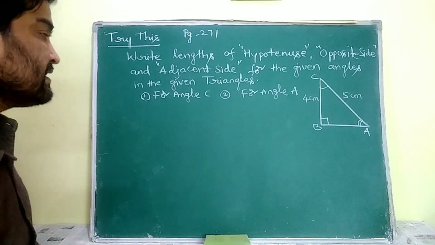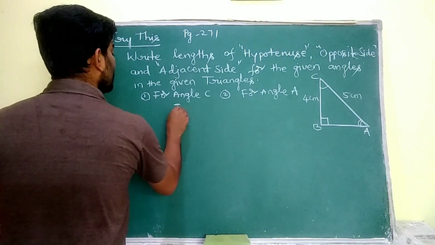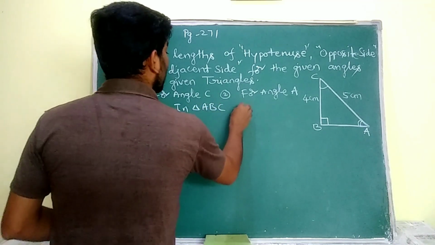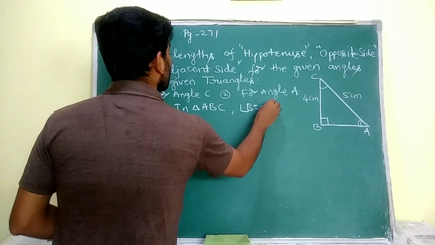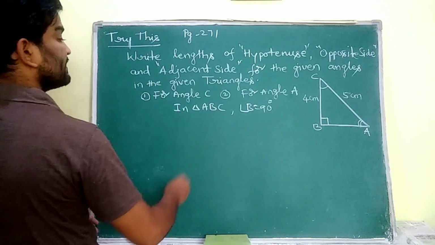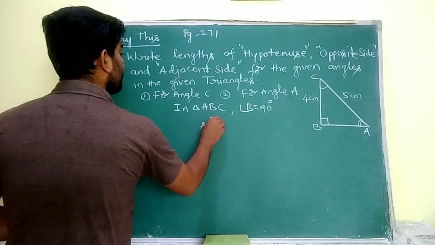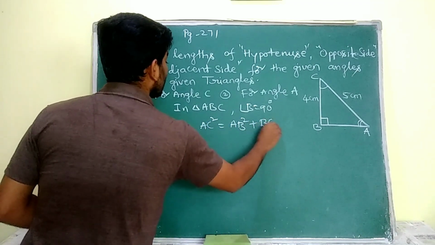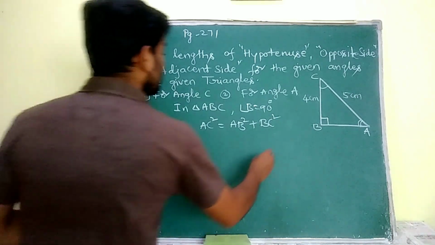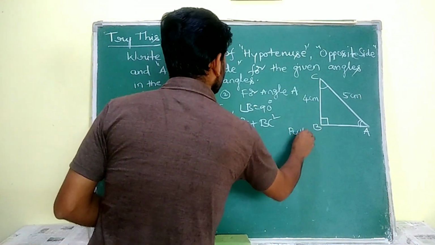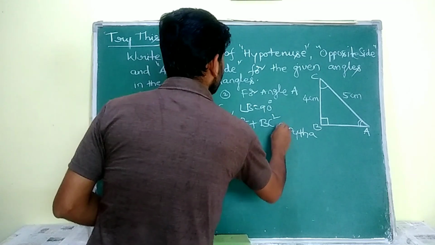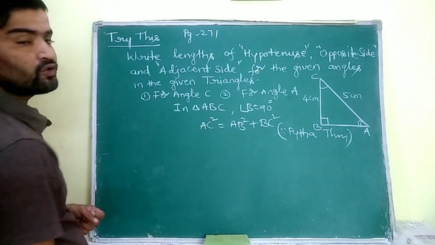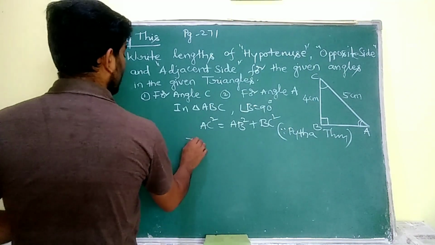We know that Pythagoras theorem, in triangle ABC, angle B is equal to 90 degrees: hypotenuse square is equal to side square plus side square. This is Pythagoras theorem. So from Pythagoras theorem we write AC square is equal to AB square plus BC square. What is AC square?